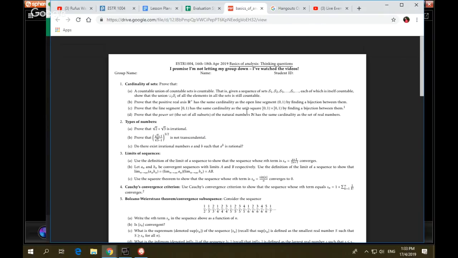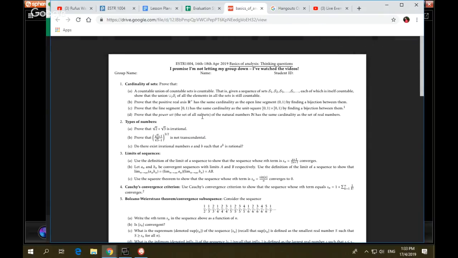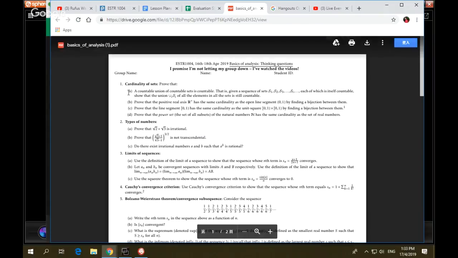So every set within the power set is countable, but the number of elements in the power set is actually uncountable. So if you do something like this, then you can get something larger than a countable set. You can get something that is uncountable. You can get the set of all real numbers. Okay. So question number A does ask you to prove something non-trivial, something hard.